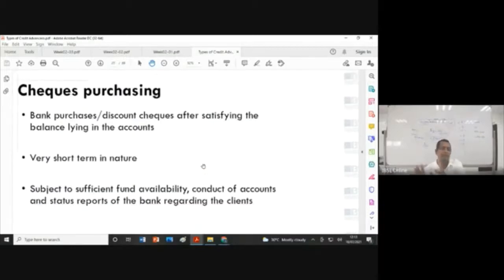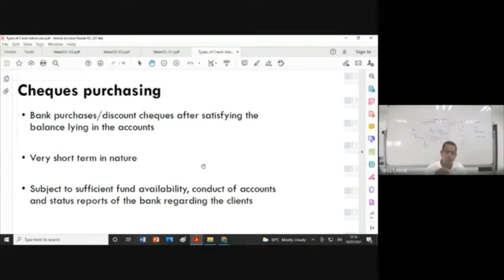Check purchasing. Check discounting and purchasing are two different things. What I discussed is check discounting. Check purchasing is very short term. It is on the word of the issuing bank, right? Today, customer comes to us with a check and he wants money.